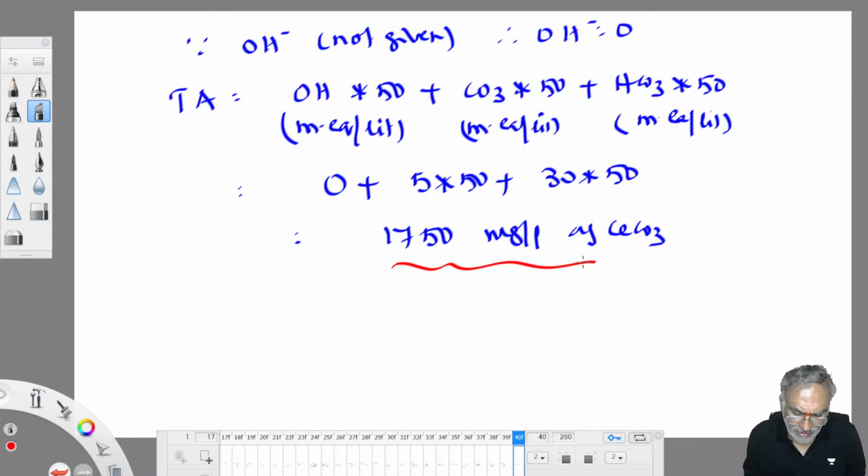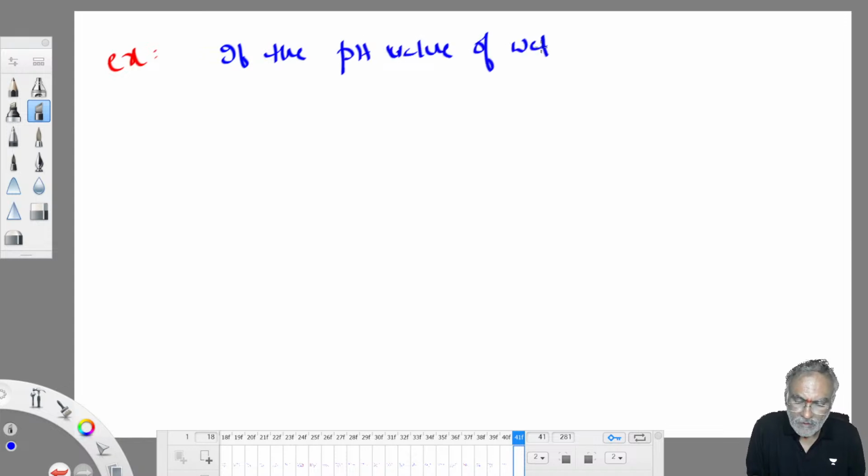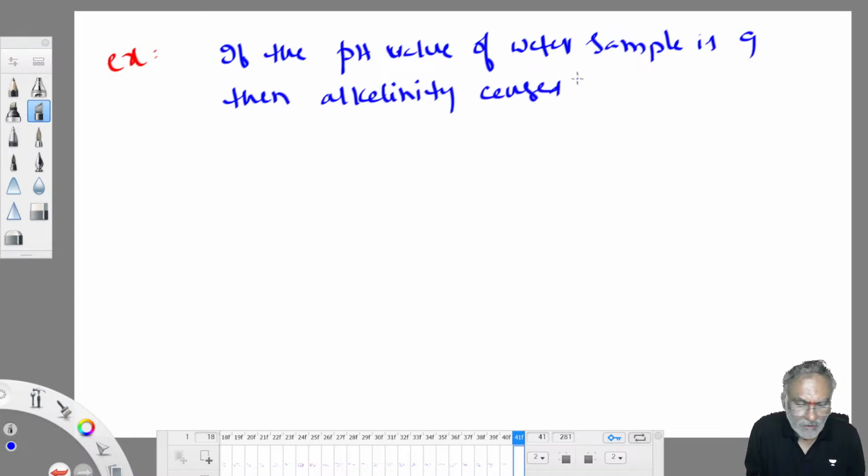The pH value of a water sample is 9. Then find the alkalinity caused by OH minus ions in milligram per liter as CaCO3.